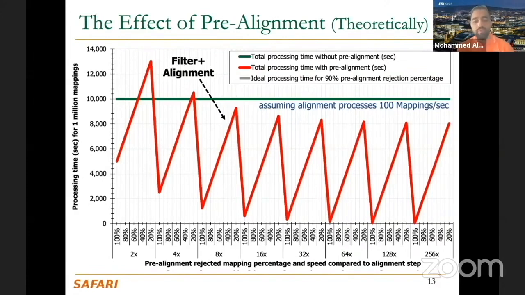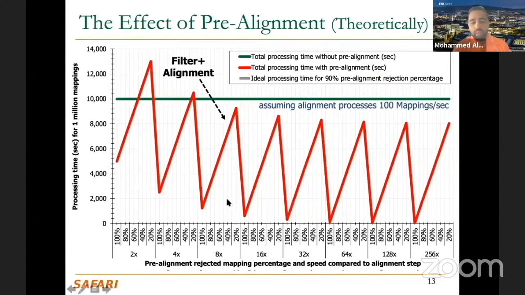Again, we will have the execution time for the filtering for the entire data set, which is 1 million pairs. And remember, the filter is 2x faster than the aligner. So we need 5,000 seconds just for filtering, plus whatever the execution time for the aligner for the 80% of the pairs. This way, we are increasing the execution time because we add an overhead for the filtering and we reject only a minimal number of pairs.